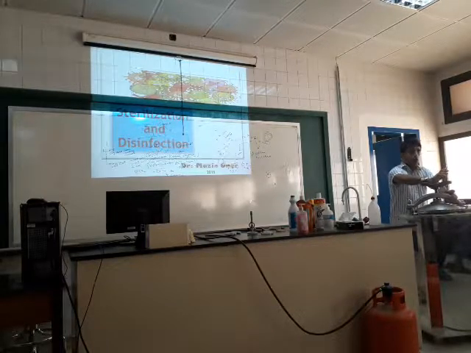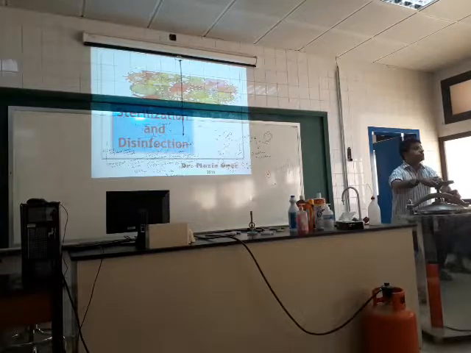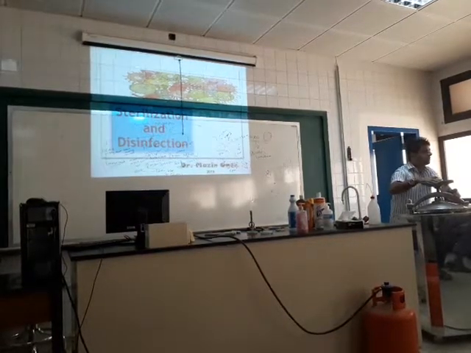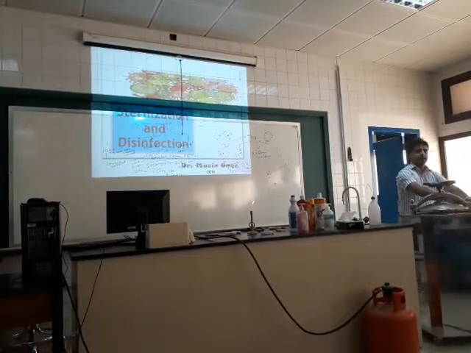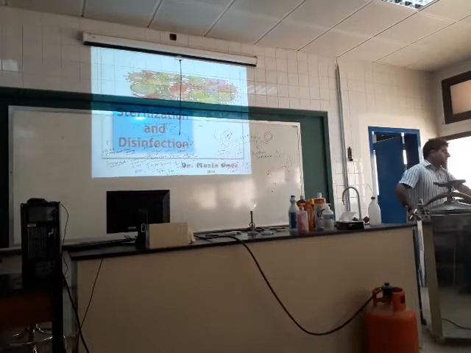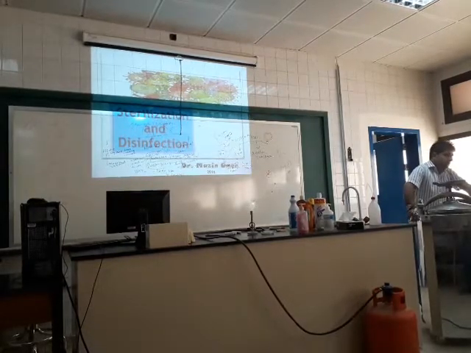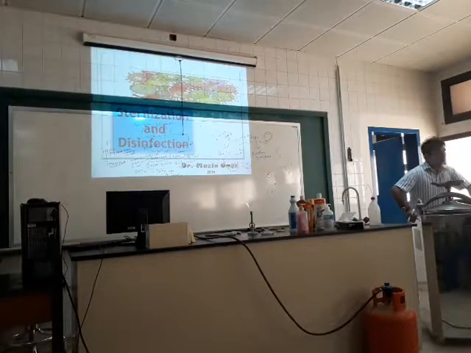On which principle does this machine work? Steam under pressure. Tomorrow, if this picture is in the exam, identify this machine, and write the principle: steam under pressure. The method: 121 degrees Celsius for 15 minutes.